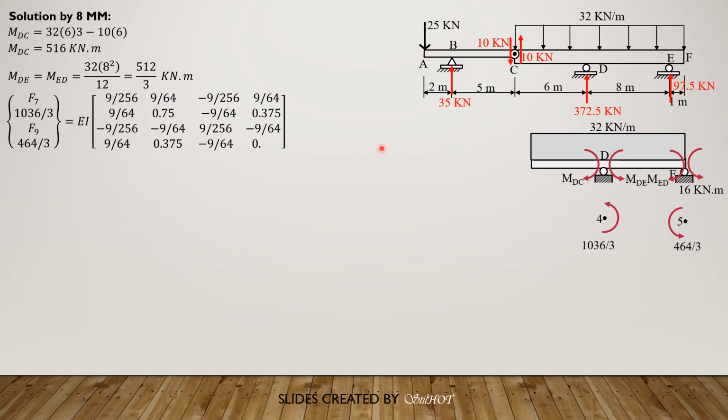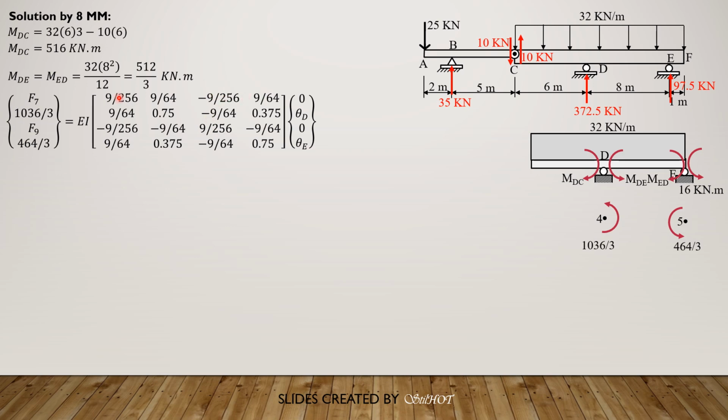9 over 256 is from the stiffness of the beam element. 12 times 1.5, because I is 1.5, divided by L cubed, 8 cubed, you'll get 9 over 256. The second one is 6EI over L squared. So 6 times 1.5 over 8 squared is 9 over 64.